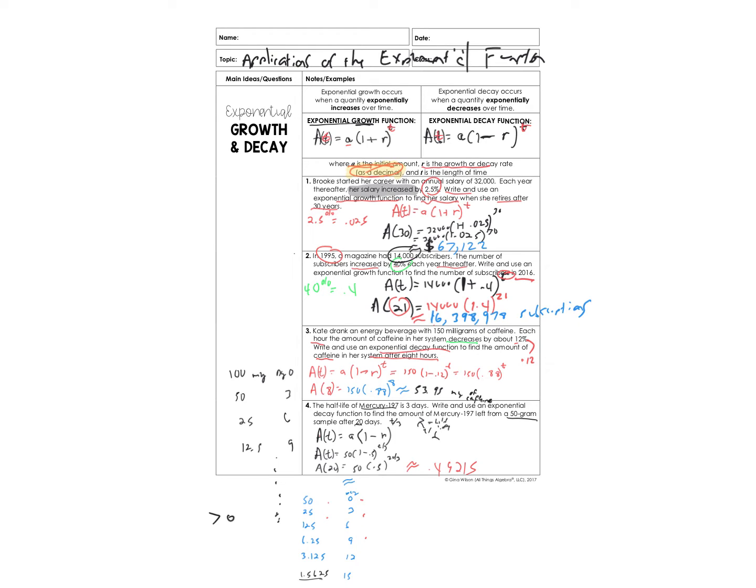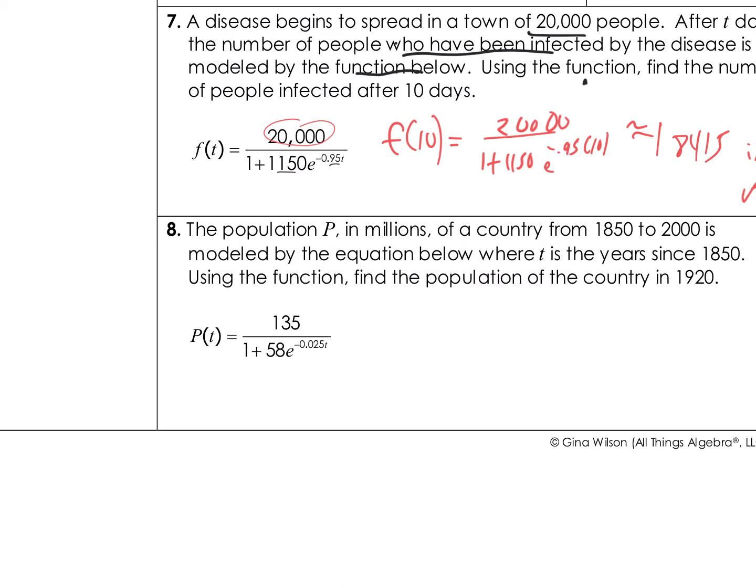Here are the notes for exponential growth and decay. We may not have it with a full teaching video, but just in case you're filling in your notes, you can pause the video and copy down what was done. Of course, hearing it is better.